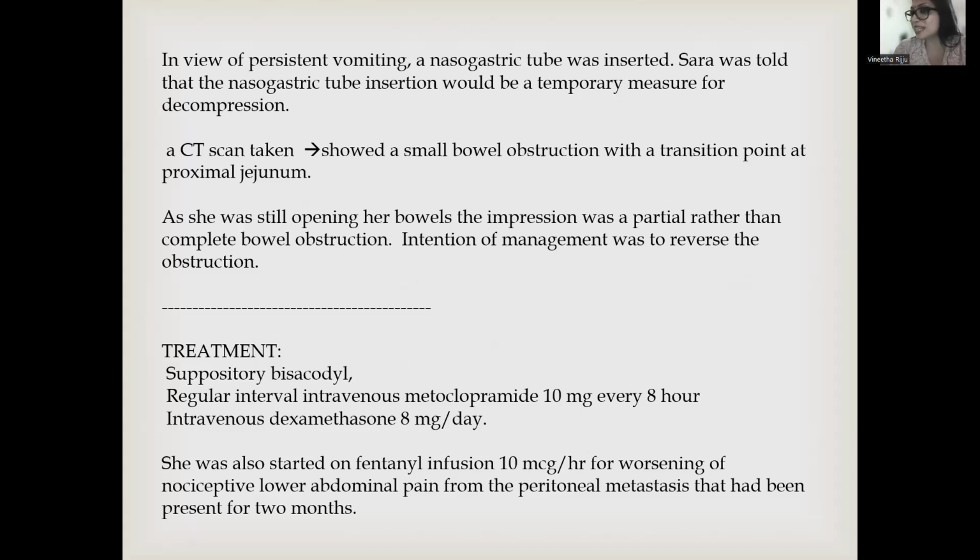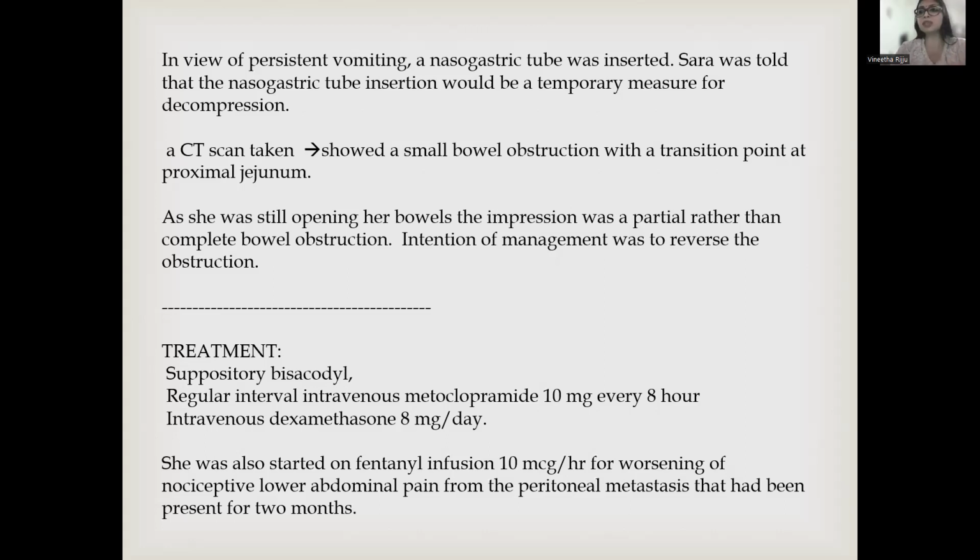In this case a CT scan was taken to show that, but you could already diagnose this was a small bowel obstruction. As she was still opening her bowels, the impression was that it was partial, that is, a subacute intestinal obstruction. So the intent of management was to reverse the obstruction. So it was conservative.